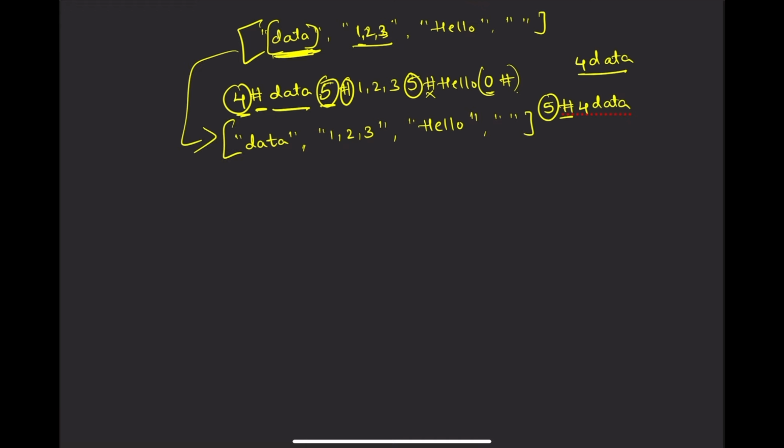So this way you can get back the original list, even if the string has any special characters, any commas, any hash signs, any slashes, anything, empty spaces, it always works because we are not searching for anything. We are just reading based on the length of the string, and it is super safe.